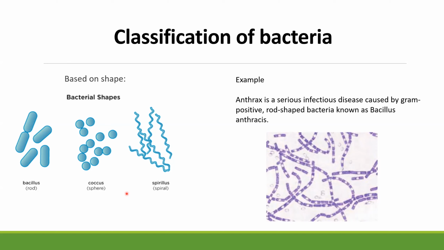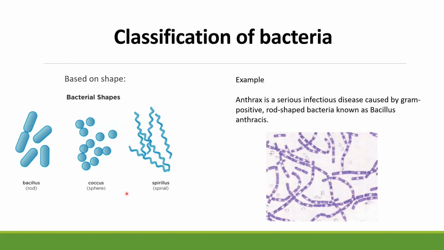Some of them will have extra small DNA in the form of plasmids. Their cell wall is composed of peptidoglycan. They reproduce by binary fission, and they show great diversity in metabolism and habitat. So they can thrive in both anaerobic and aerobic environments. It really depends on the bacteria that you are dealing with.